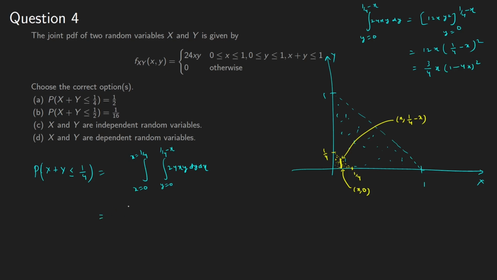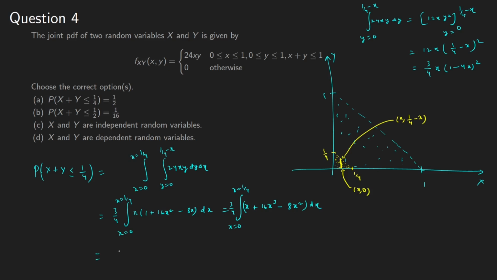So we can put that here, x equals 0 to x equals 1/4, and 3/4 x times, and here we can expand (1 minus 4x) whole squared, so it will become 1 plus 16x squared minus 8x, and we can further simplify: 3/4 times x plus 16x cubed minus 8x squared dx.